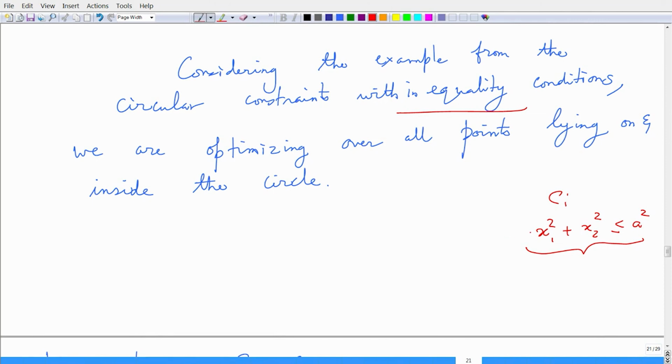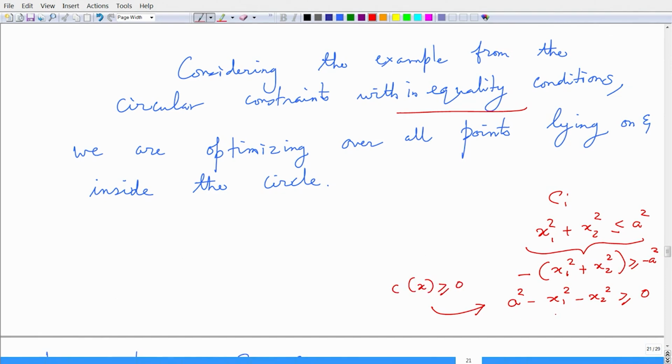And if I negate the sign, I put minus of x1 square plus x2 square greater than or equal to minus a square, and I transpose it, I can have a square minus x1 square minus x2 square greater than or equal to 0, and I can still think about my constraint in the form C of x is greater than or equal to 0, because I flipped the sign.